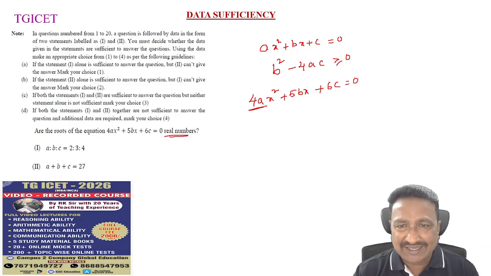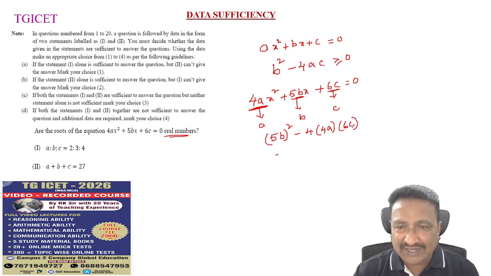Here the a value is 4a, the b value is 5b and the c value is 6c, right? So we have to prove that b square minus 4ac is greater than or equal to 0. So b square is 5b whole square minus 4 into 4a into 6c.